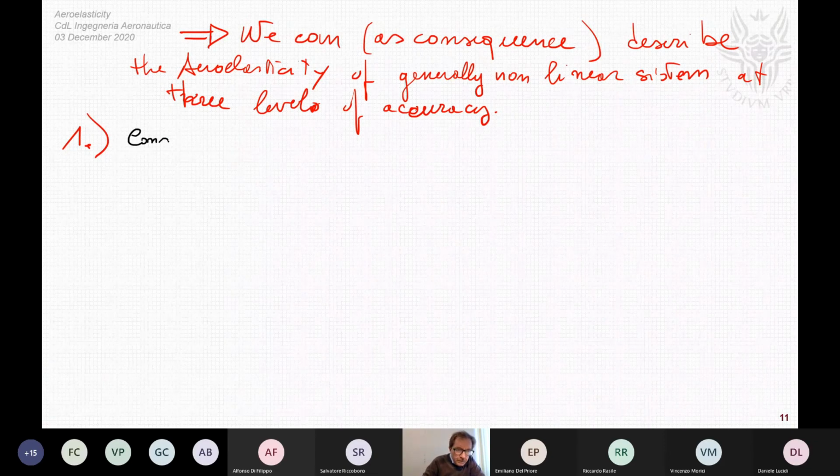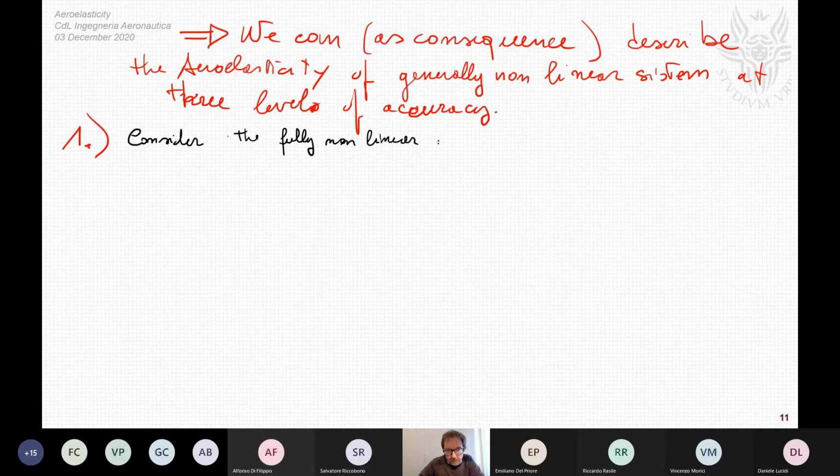The higher level is to consider the fully nonlinear model. So, x dot equal to f of x, u infinite, at a given initial condition.